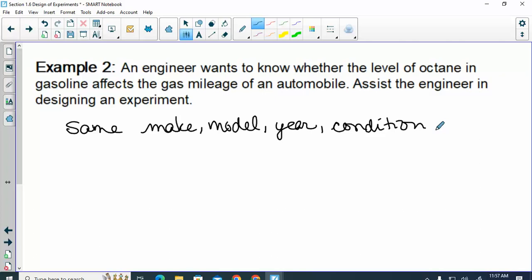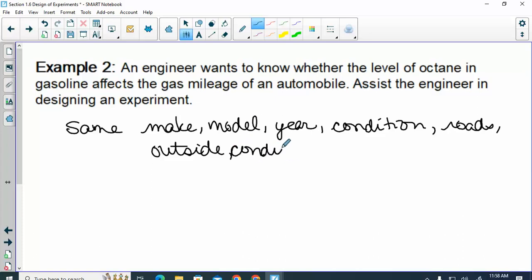You notice we're trying to make everything else the same. So we know at the end what caused any differences we saw. So we need same make, model, year, condition, road. Yes. I don't want to drive one on a beautiful sunny day and one when we have torrential downpours. That wouldn't be the same.